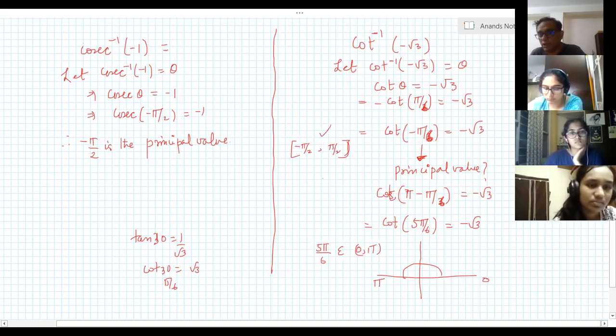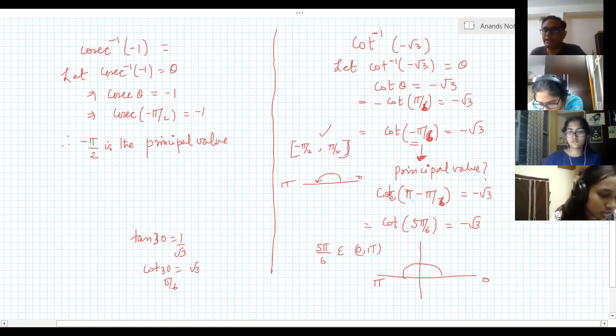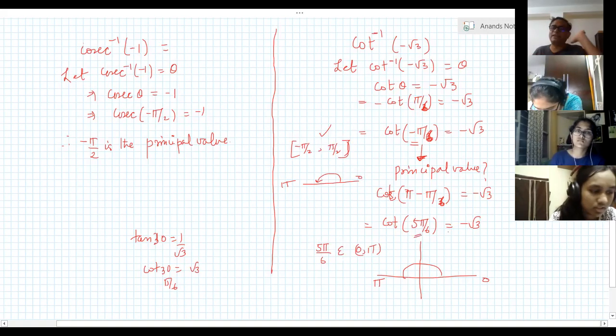But because cot has to be between 0 to pi, this will not work. We have to change it to something in the second quadrant. Then you quickly check 180 minus theta works. So 5 pi by 6 is the trick in inverse trigonometric functions.